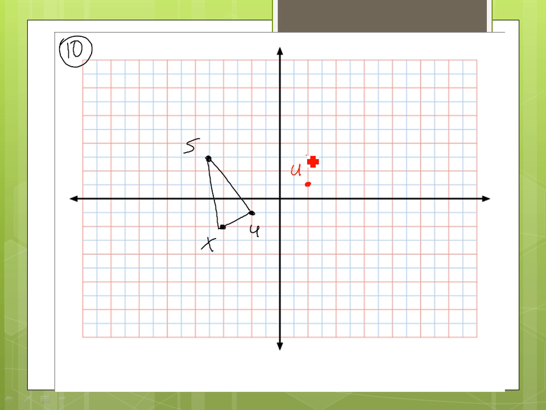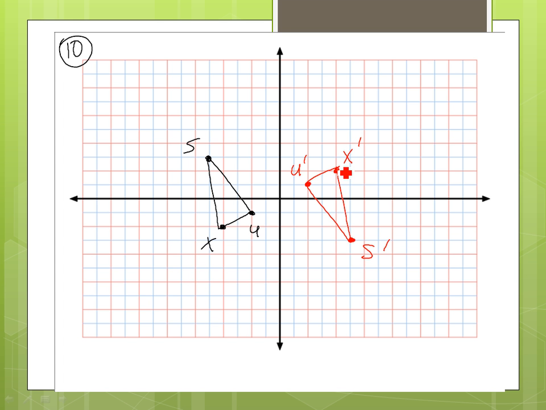That's U prime. That's X prime. And -3. That's S prime. So it looks something like that.